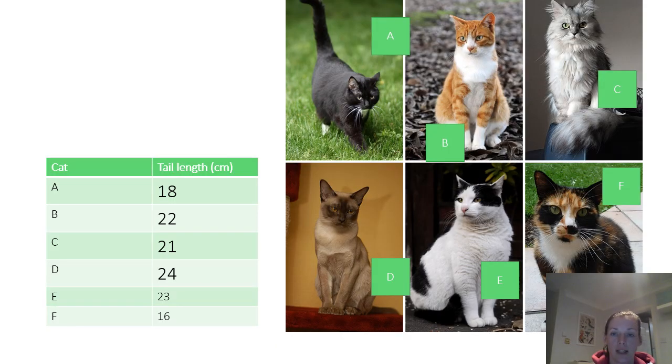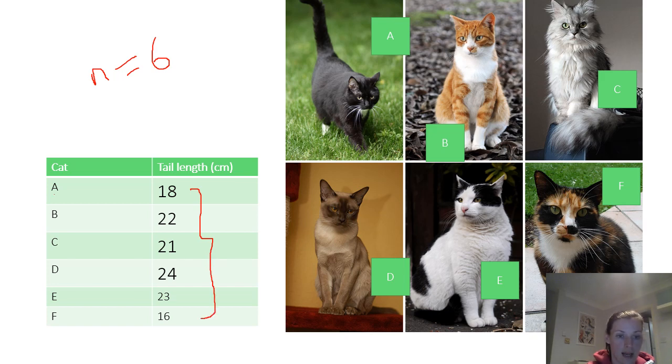So we're going to have a look at calculating the standard deviation for these lovely 6 cats here and their tail length. So you've got here your number of cats in this particular instance, so n in this instance using the formula before equals 6. And you've got your tail length here of the different cats.